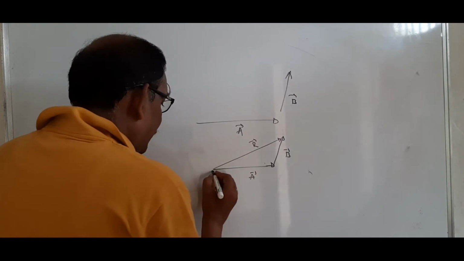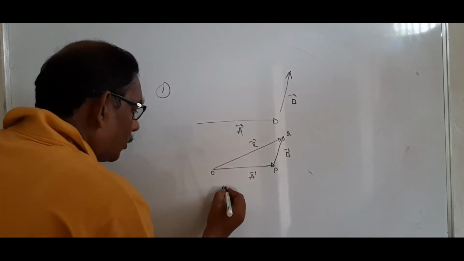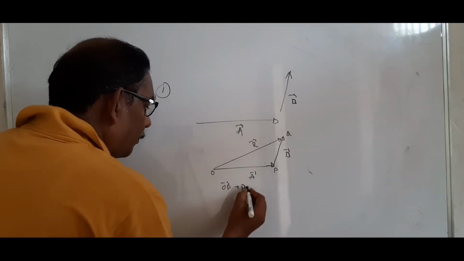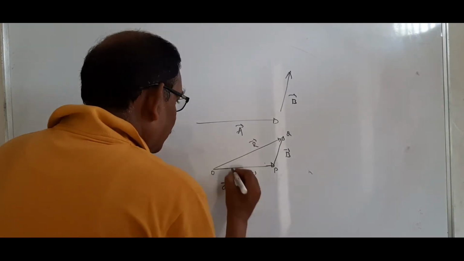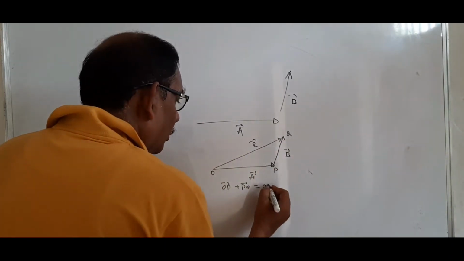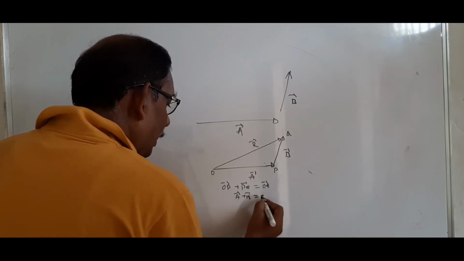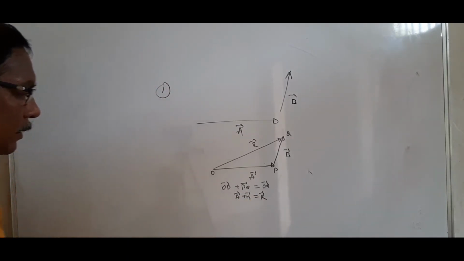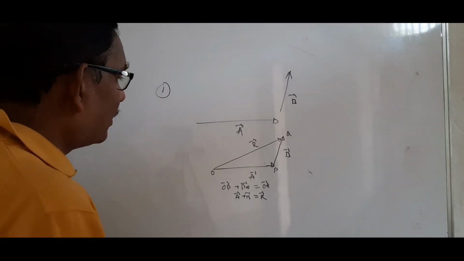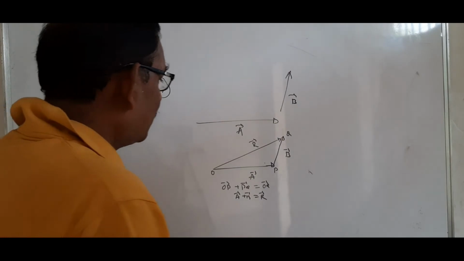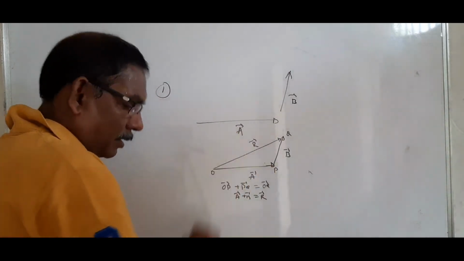So you will take it OP plus PQ, because they are in the same order, that is equal to, in opposite order, OQ. So A plus B is equal to R. In this way, you have to add the two vectors by using the triangle law of vector addition. The third side of the triangle gives you the resultant of two vectors.